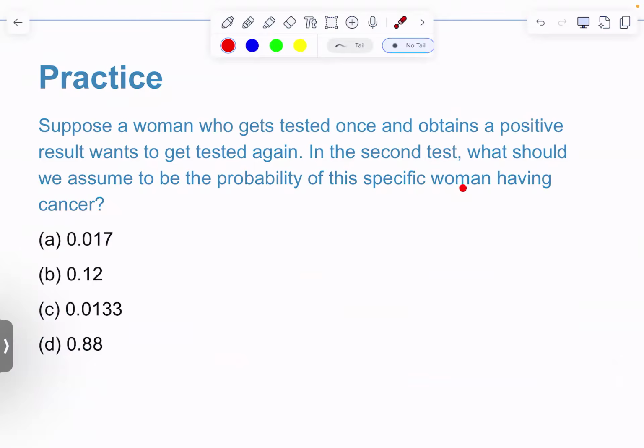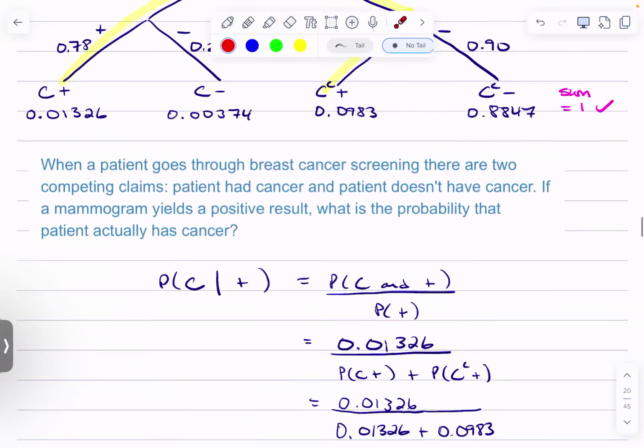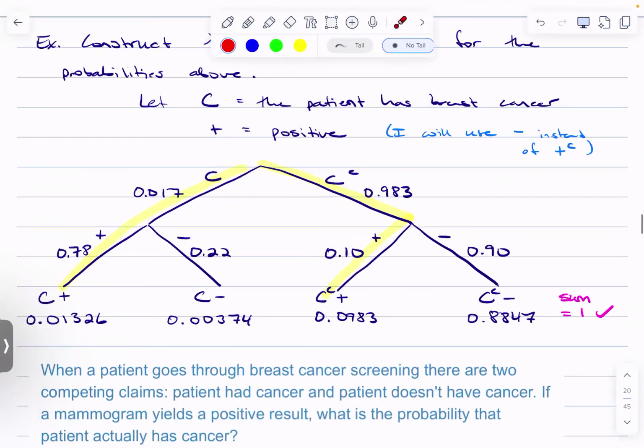Now we have to adjust that initial probability to 0.12, because we have this first positive test. We would have to adjust this probability and amp it up to 0.12, which means this probability would be 0.88, 1 minus 0.12.